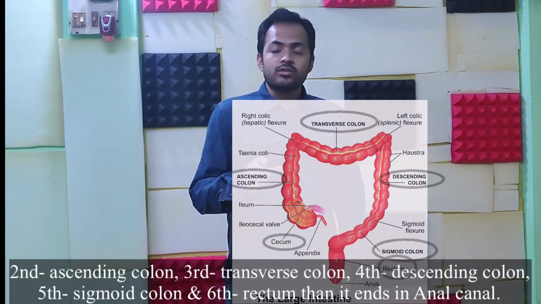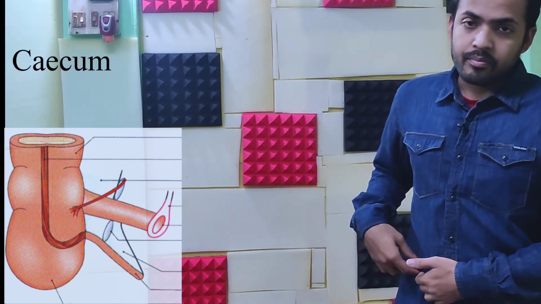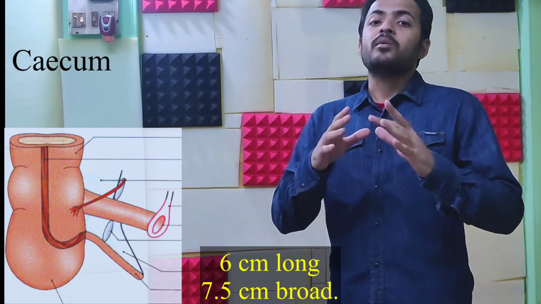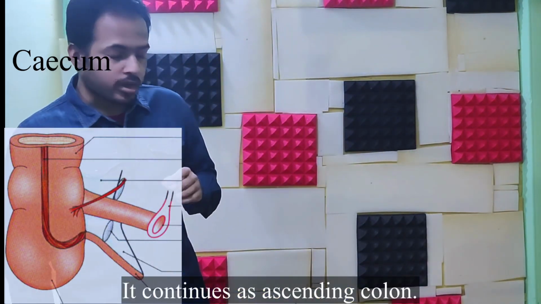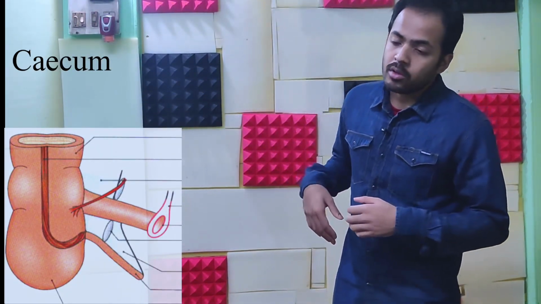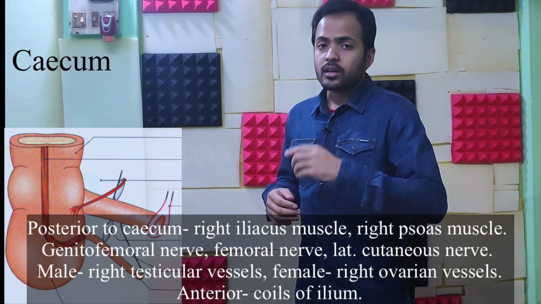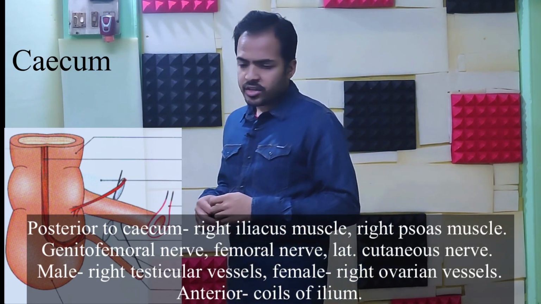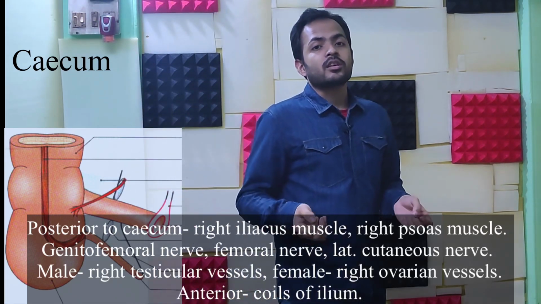Now the cecum. As I said already, it is situated in our right iliac fossa. The length of the cecum is 6 cm and it is 7.5 cm broad. It continues as the ascending colon. Posteriorly, you will find the right iliacus muscle, right psoas muscle, then the femoral nerve, lateral cutaneous nerve of thigh.